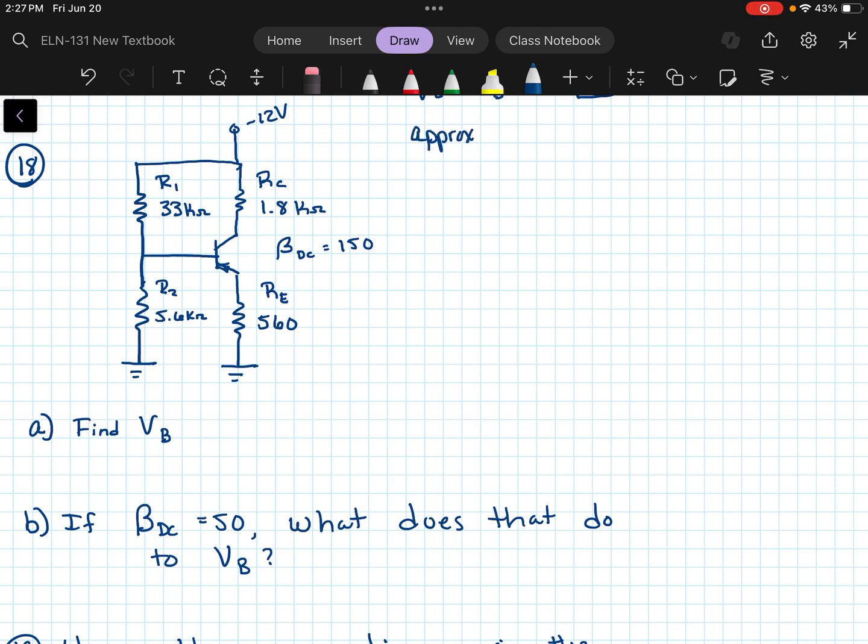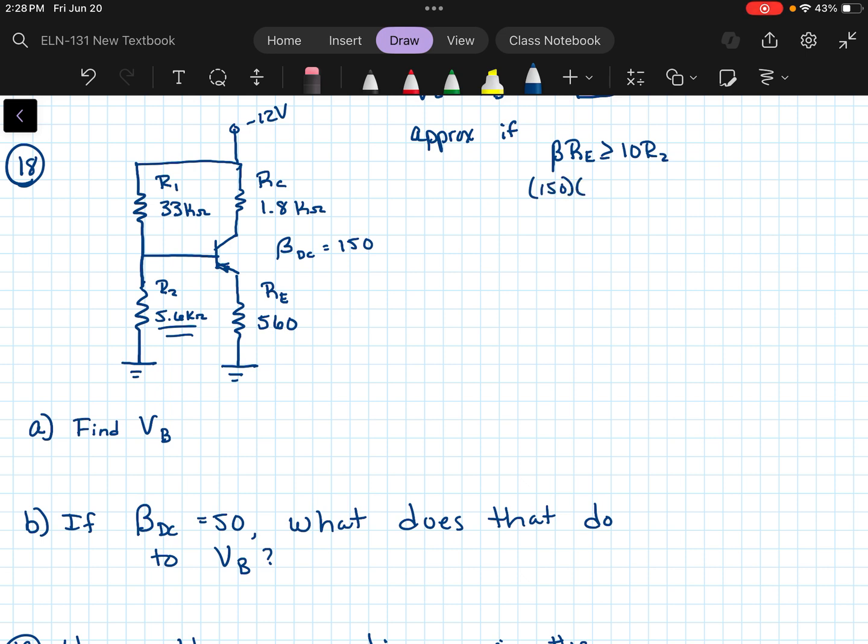We can use the approximate method if beta times RE is greater than or equal to 10 times R2, where R2 is the resistor on the bottom side of that voltage divider.